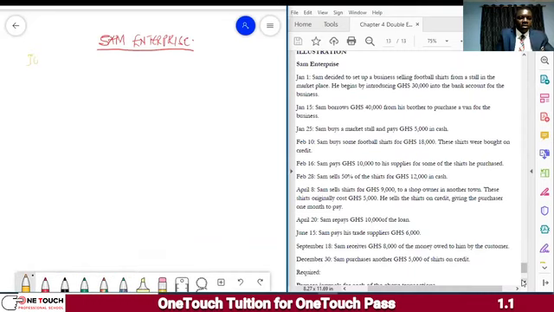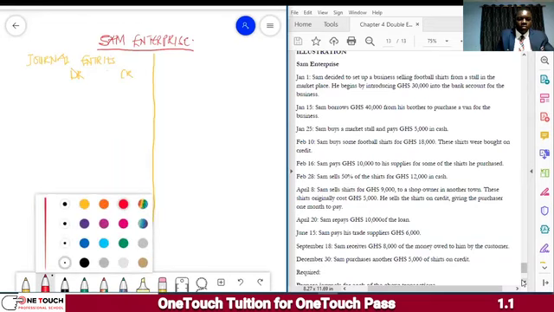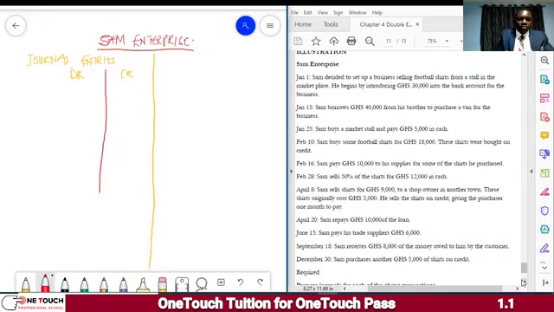We have journal entries. Then we have the debits, then we have the credits.